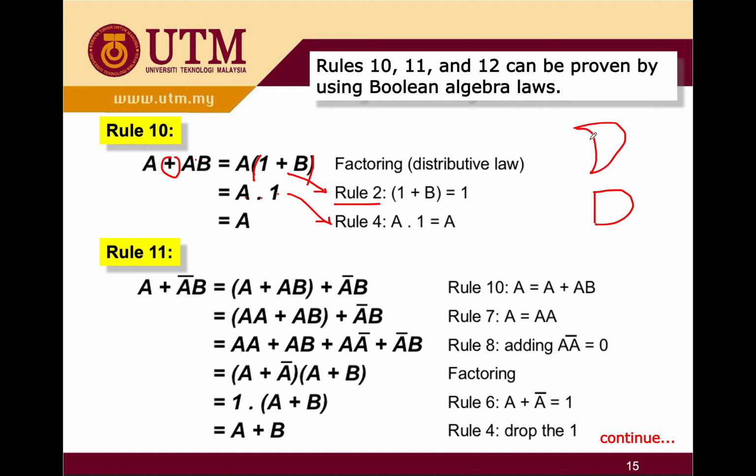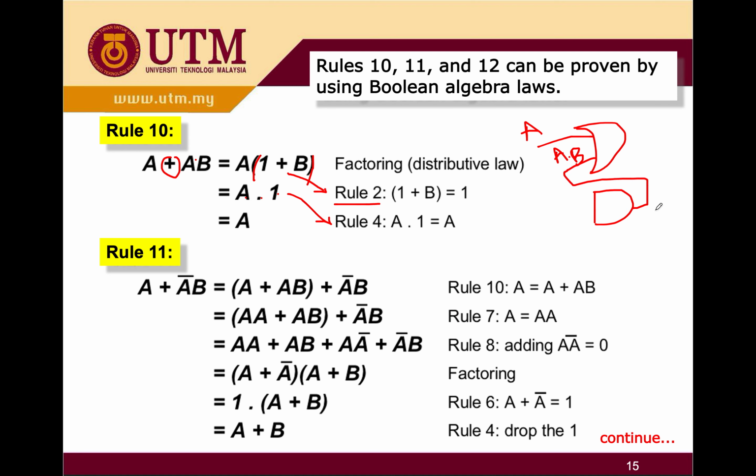So I have A as the input for both the AND gate and the OR gate. But before that, I have A plus, which means that over here it happens at my OR gate. So I have here A, and my other input will be A dot B. So that's why I will get here A dot B is the AND gate.